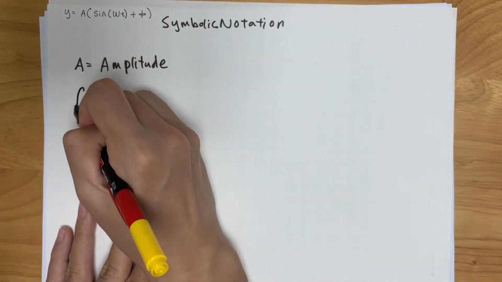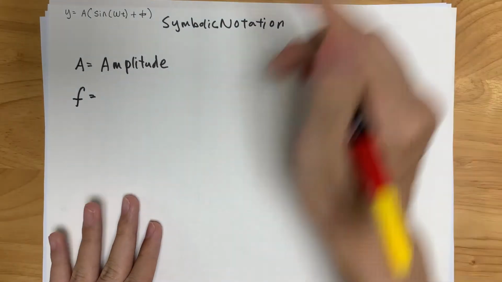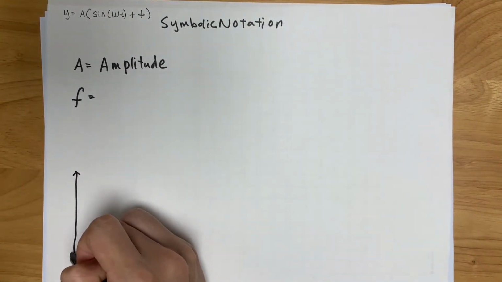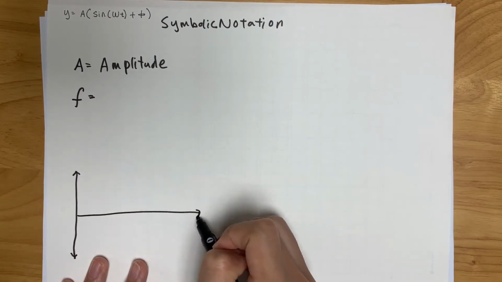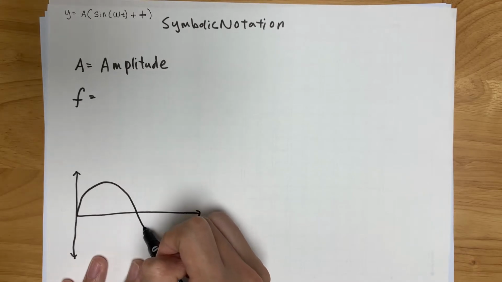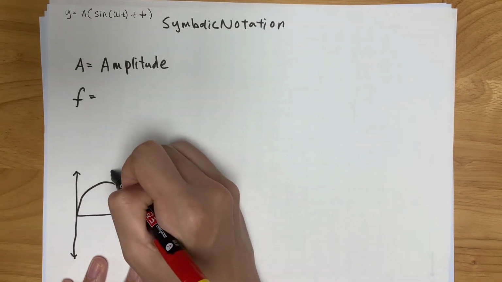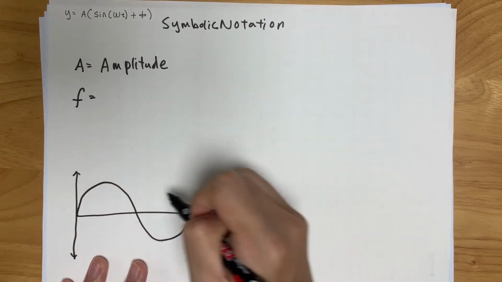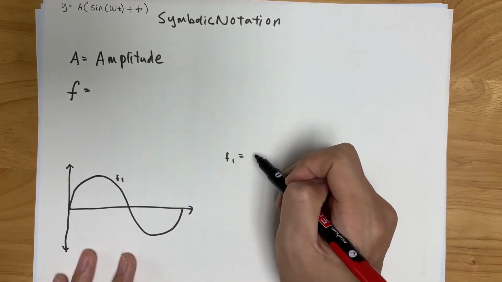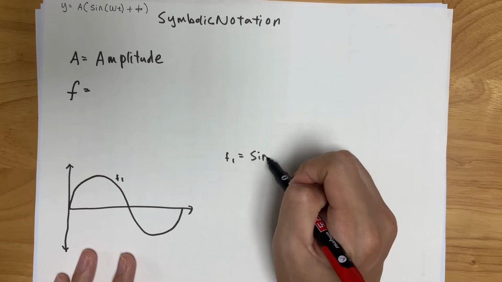And f, before I draw this, I'll draw one of the sample sines. Let's say this is a sine graph. f1 equals, as you can see as well, sine of t.